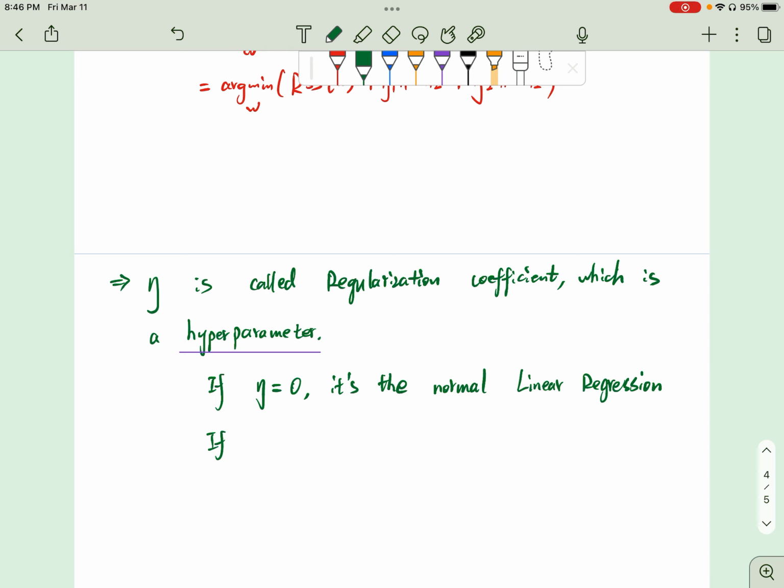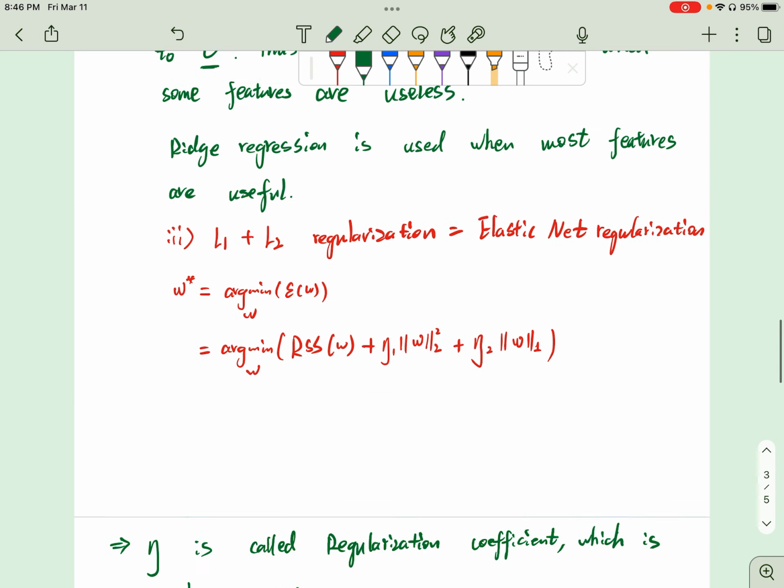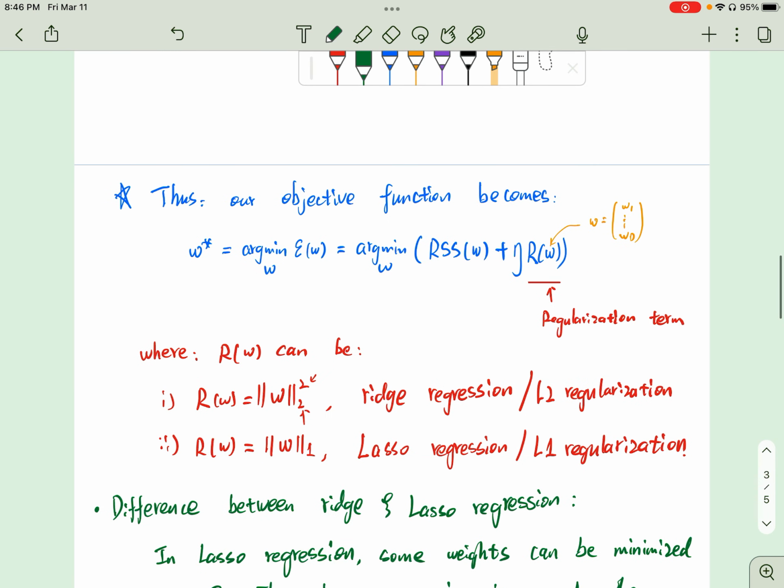And so what if we increase eta? As we increase eta to infinity, let's see what will happen here. If we gradually increase this eta, this term would go to a very large value.